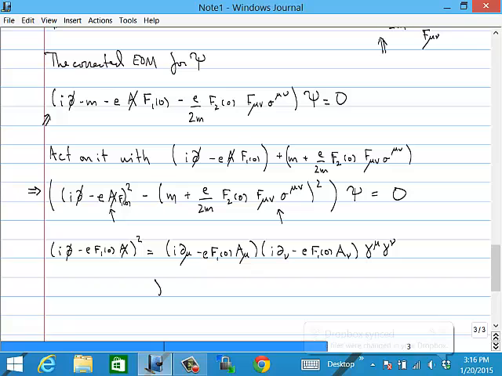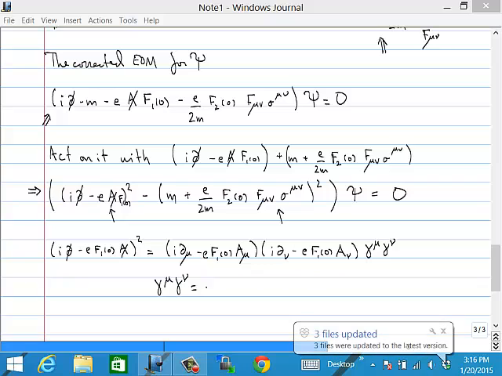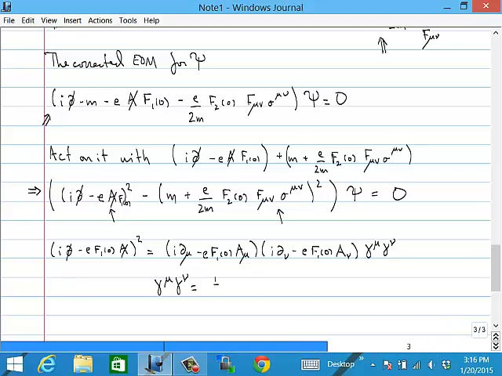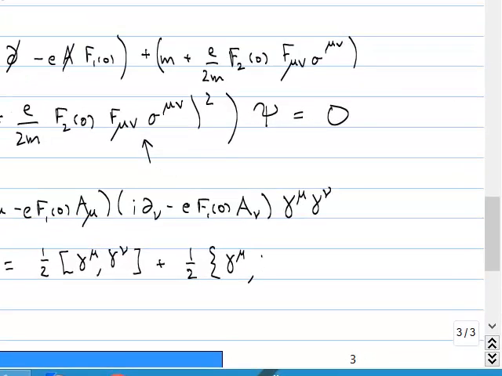Then what I'll do is use the fact that gamma^mu gamma^nu can be written as the sum of the commutator and the anti-commutator. So that's 1/2 times the commutator of gamma^mu with gamma^nu plus 1/2 times the anti-commutator of gamma^mu and gamma^nu.